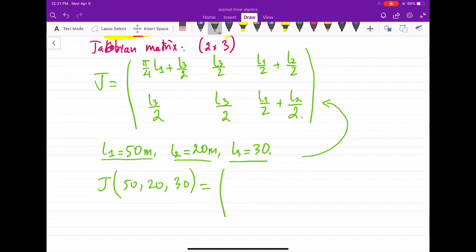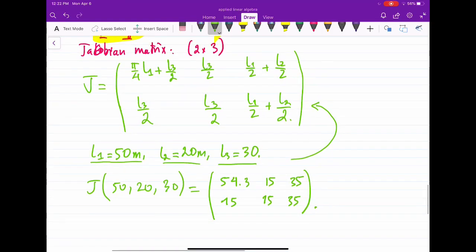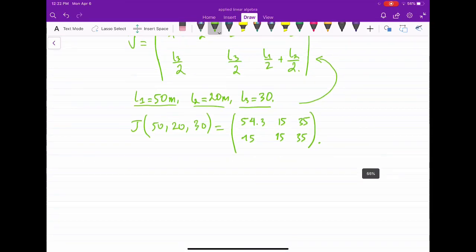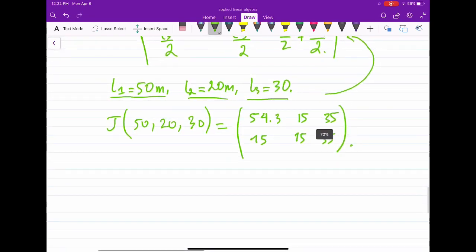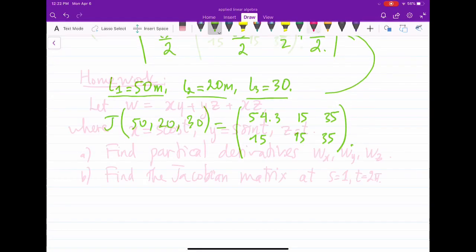I have the following numbers: 54.3, 15, 35, and then 15, 15, and 35. Okay, so that is the Jacobian at this point, L1, L2, and L3.